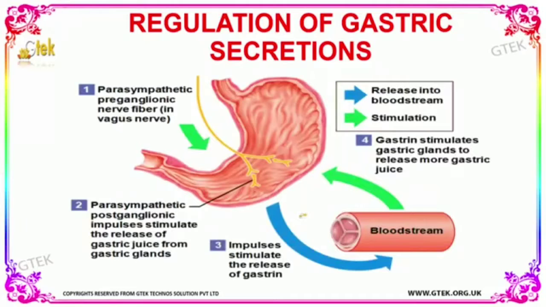Next we are going to see the regulation of the gastric secretions. Here you can see your parasympathetic preganglionic nerve fiber over here, after which your parasympathetic postganglionic impulses will stimulate the release of gastric juice from your gastric glands, followed by which the impulses will stimulate the release of gastrin.